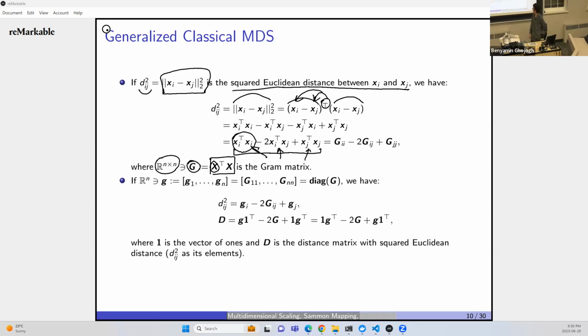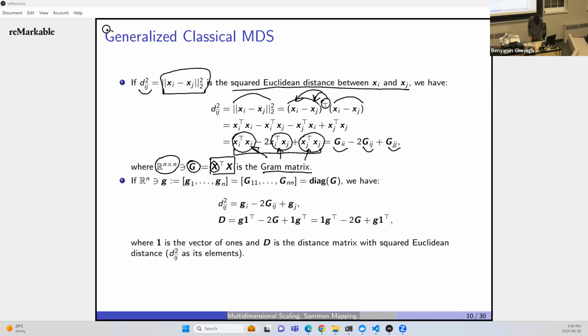Why do I denote it by G? Because I call it the Gram matrix. Gram matrix is another name for linear kernel. They usually call linear kernel the Gram matrix. So this is Gii, the first term. The second term is minus 2 Gij. This is Gjj. This is correct.